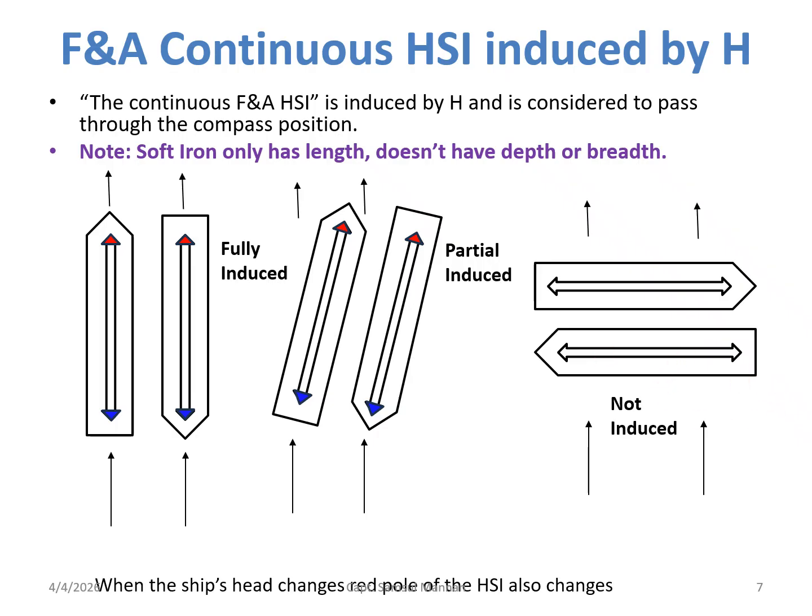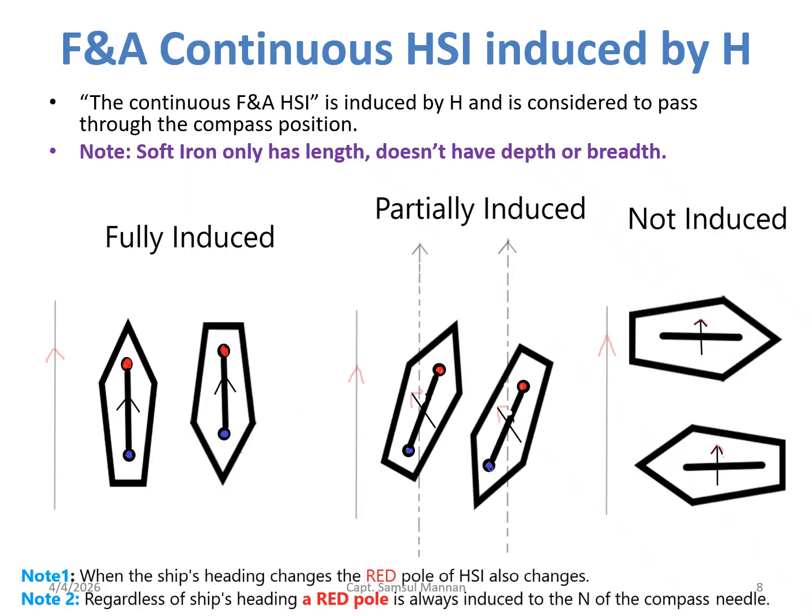So we can say that when the ship's head changes, the red pole of the horizontal soft iron also changes, right? Here in this picture we have a ship heading 000 degrees, and due to the induction by H, we have a blue pole at the stern and a red pole at the forward.